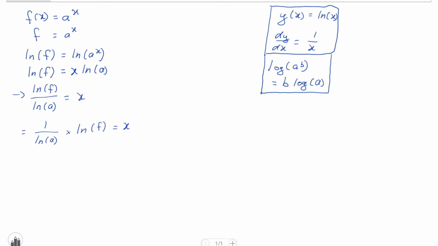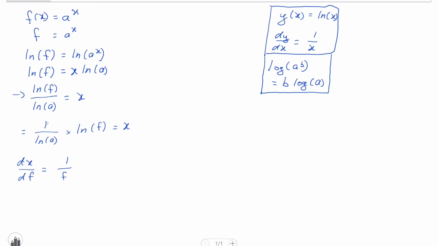So I want to find dx df, finding my derivative of x with respect to f. Recall that the derivative of this is just the same situation as we have over here, right? So the derivative of this is just 1 over f.